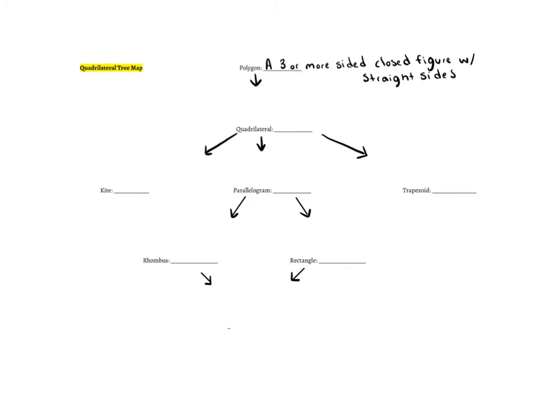So you can see here I filled in the definition for a polygon. A polygon is a 3 or more sided closed figure with straight sides. You can draw in some examples of polygons there.